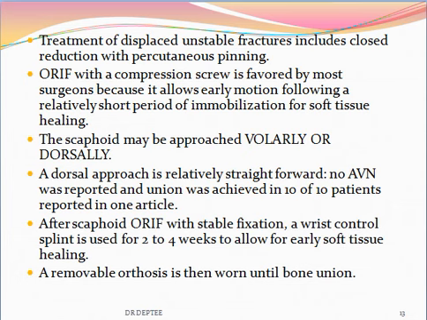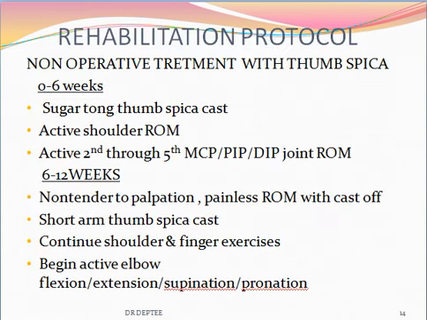A dorsal approach is relatively straightforward. After scaphoid open reduction internal fixation with stable fixation, a wrist control splint is used for 2 to 4 weeks to allow for earlier soft tissue healing. This is very important. Then a removable orthosis is then worn until bone goes for union.